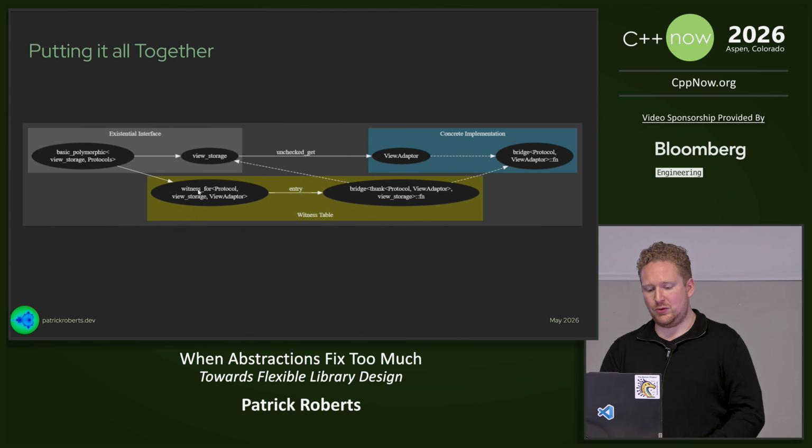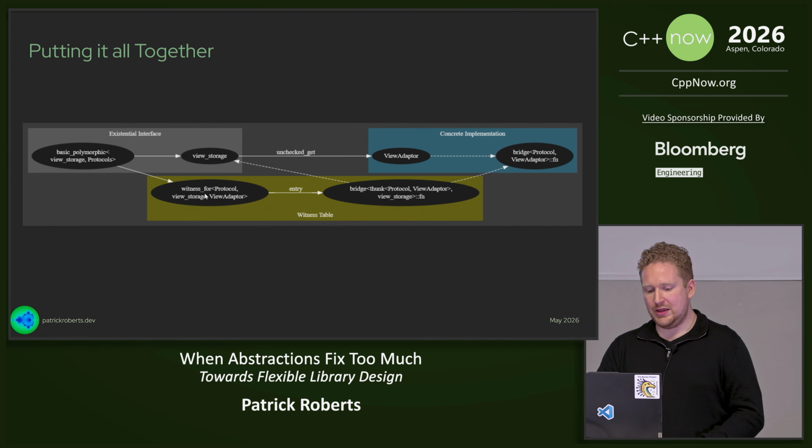That owns a witness table that's an instantiation or a pointer to the instantiation of the value template witness. And that takes the capability, the storage, and then the concrete type, which in this case is a view adapter. It also has the storage in its class layout itself. In this case, view storage is a specialization of the small storage. So it implements the small buffer optimization with the implementation defined in-place size and alignment.